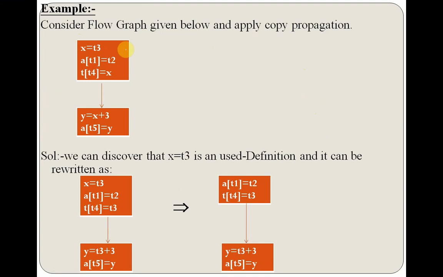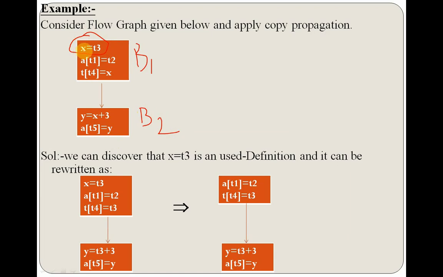For example, see the code. Block B1 has T3 = x... with A[T1] = T2 and A[T4] = x. Next, block 2: y = x + 3 and A[T5] = y. If you observe here, there is a copy statement, x = T3.